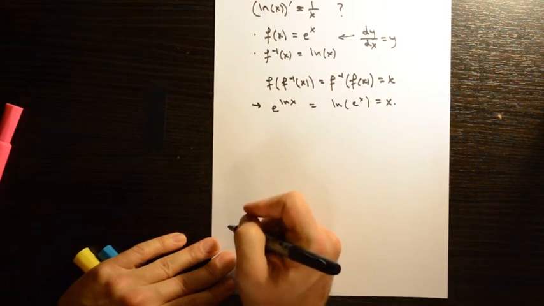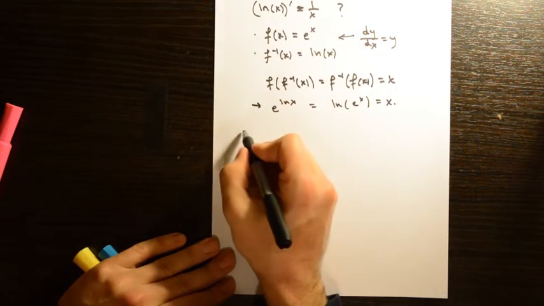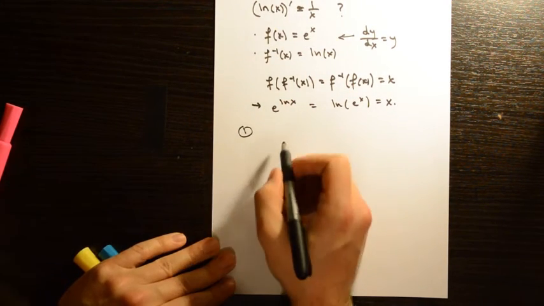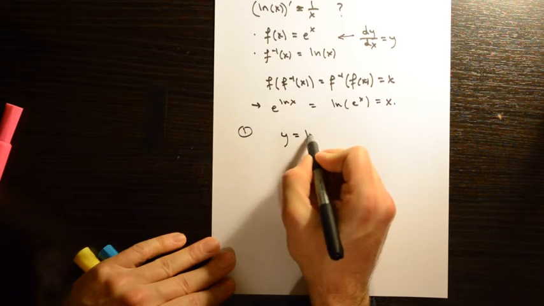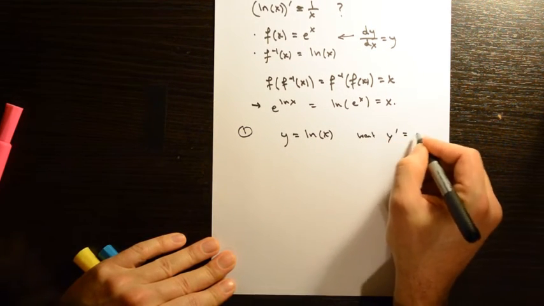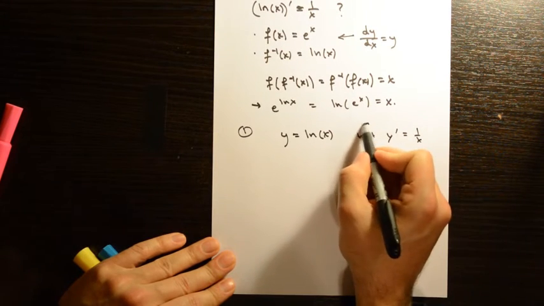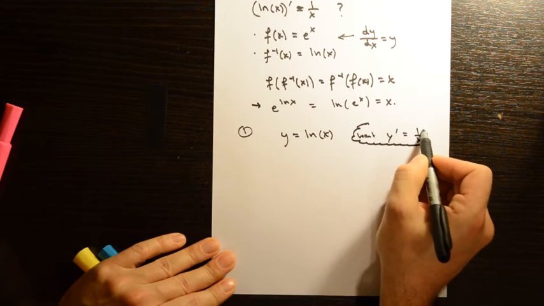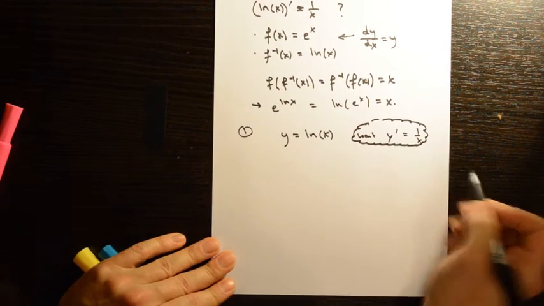Our derivation of this formula comes first from saying let y equal the natural log of x, and we want y prime to be 1 over x, but we don't know this formula a priori.